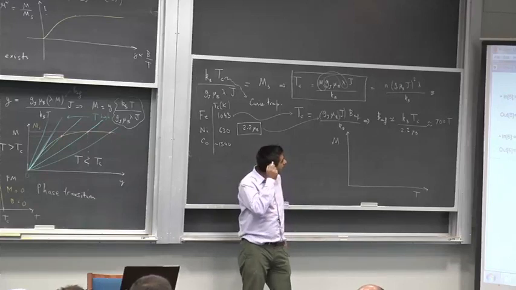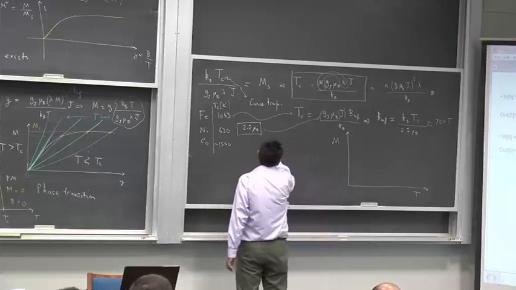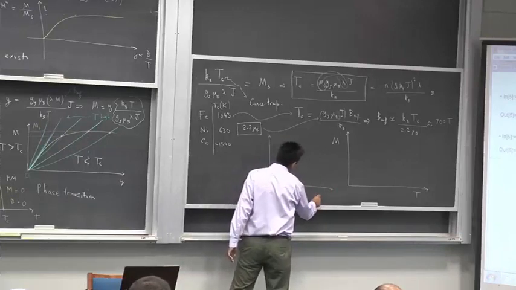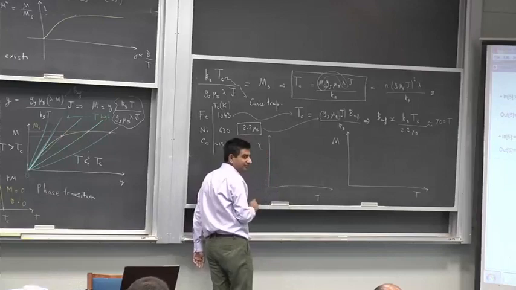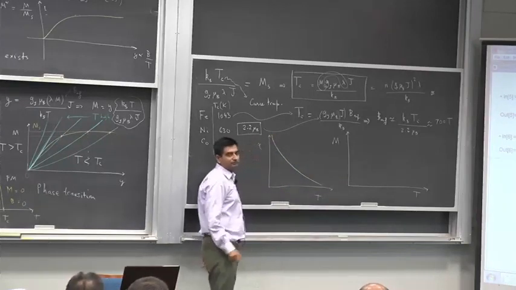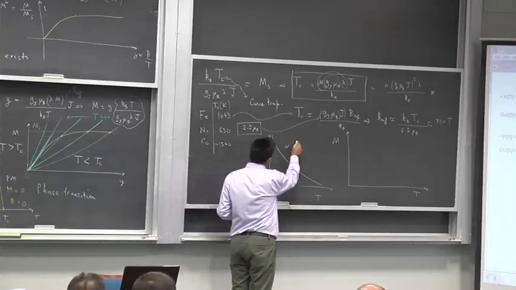Okay? For a paramagnetic material, I have T here, and if I were to plot the susceptibility, I know that the susceptibility follows the Curie law. Okay, it decays as 1 over T.